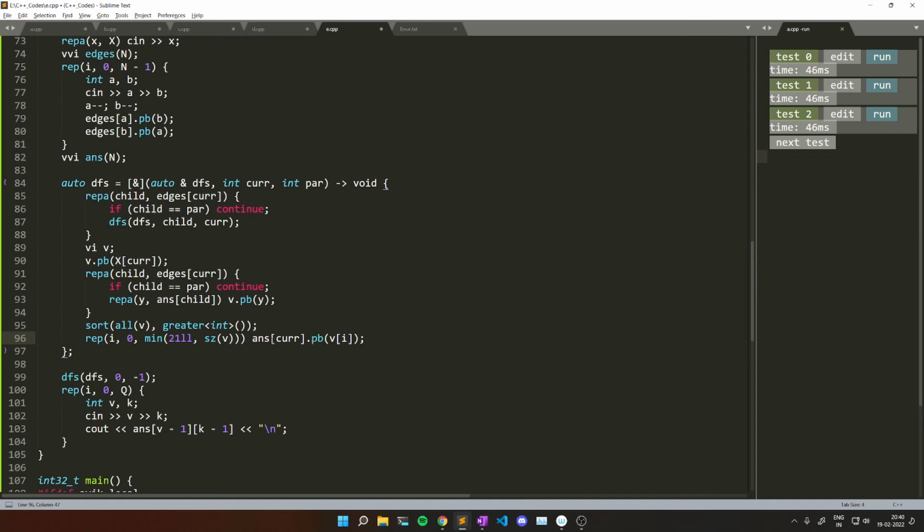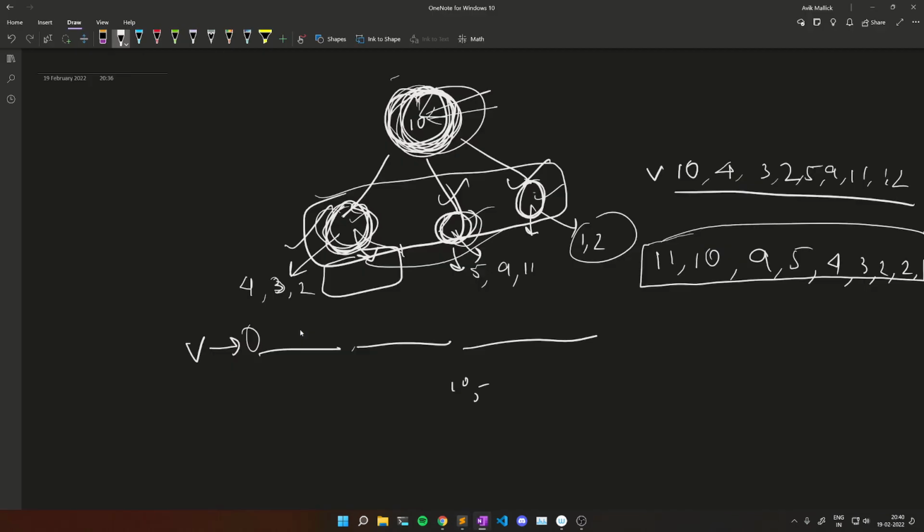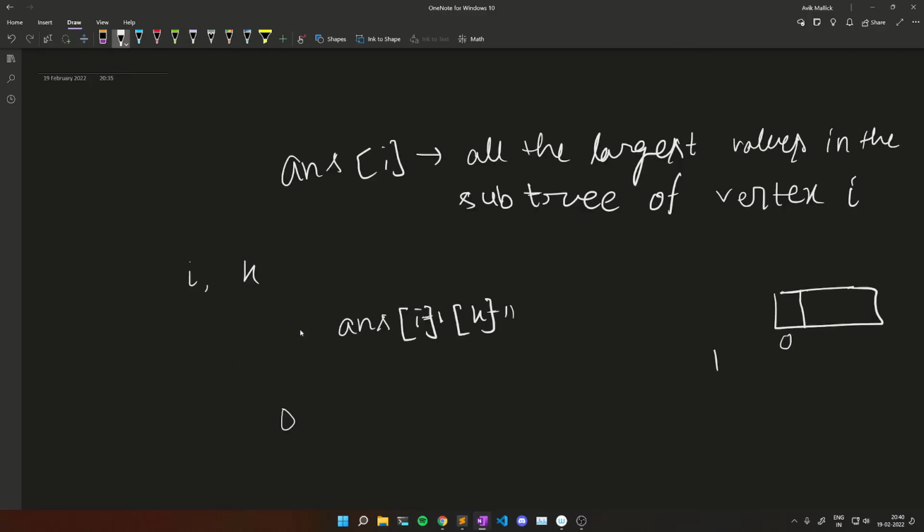But we are given in the question that the maximum value of k is up to 20. So if we store only the 20 largest values for each vertex, that will be enough for our answers, right? So I take the first 20 values and store them in my answer of current, because answer of i stores the largest values in the subtree of vertex i.